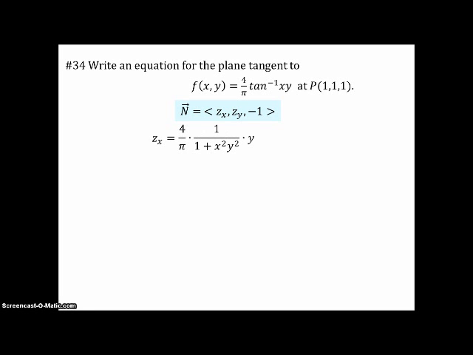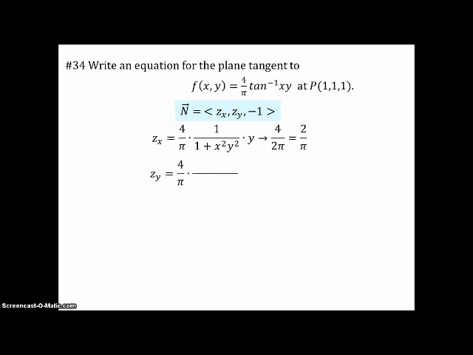And so we have to compute those partial derivatives. So we keep the constant 4 over pi, we apply the derivative of arctangent, and then we multiply by the derivative of xy with respect to x, which would be y, and then we plug in 1 for x and 1 for y, and we get 2 over pi for the partial derivative with respect to x at that particular point.